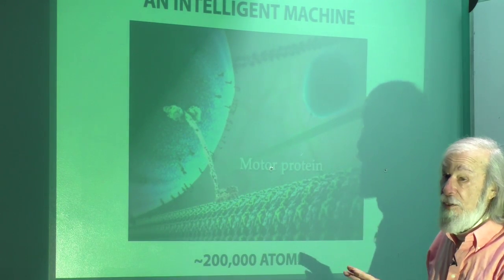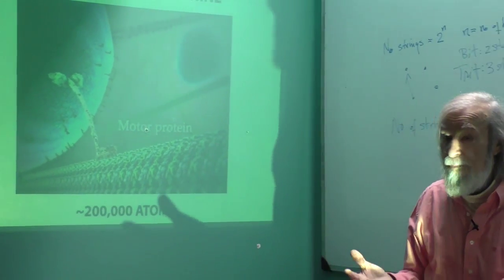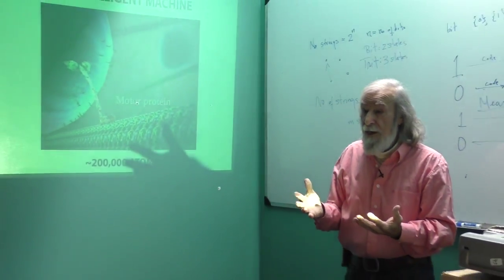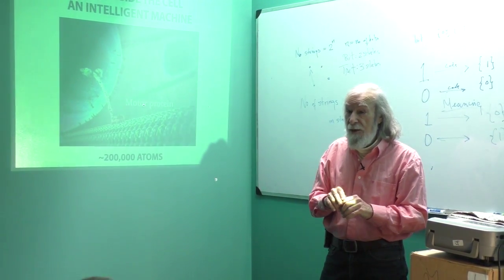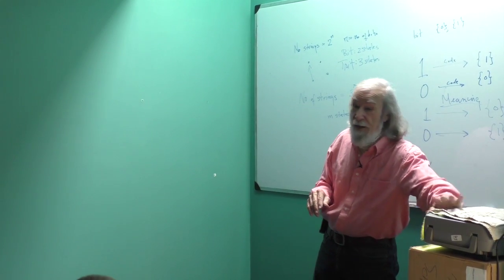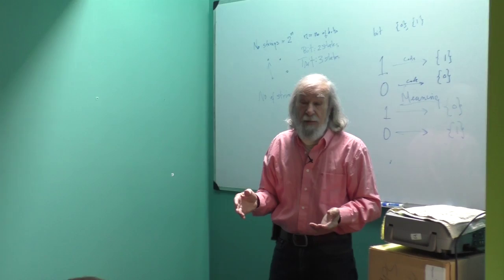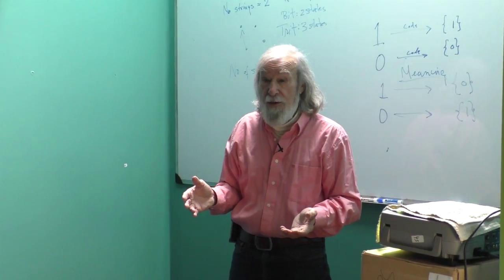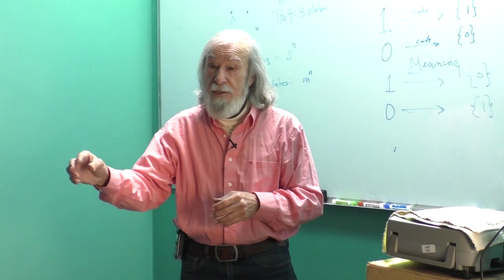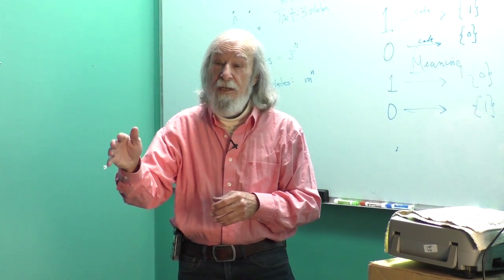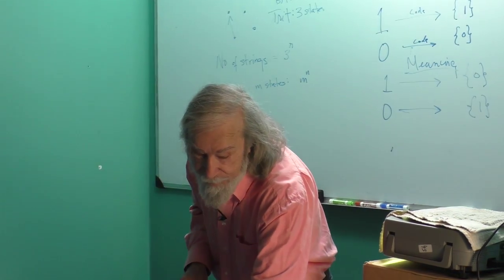So I just want you to know that all of this complexity ultimately goes back to atoms that have been coded in very special ways. And it's not trivial to make that code. It took 3.7 billion years to do it. Building step by step from the simplest little things to a little more complicated and so on. Okay, now let's get back to math.